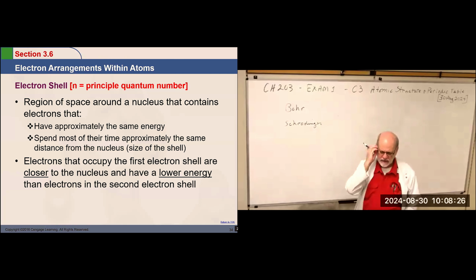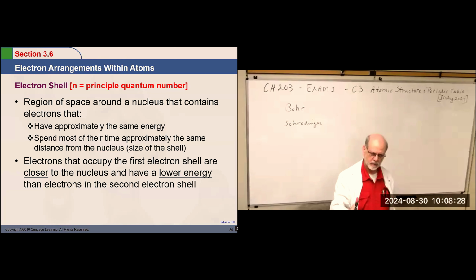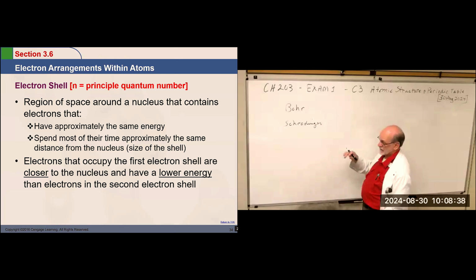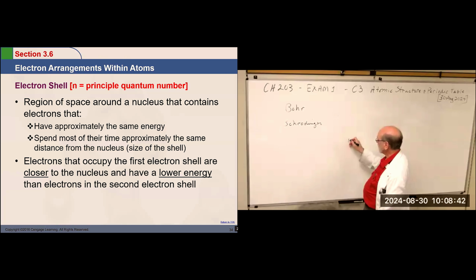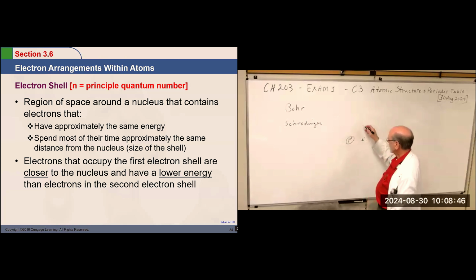Niels Bohr offered a model for the atom that allowed us to calculate energies. In fact, it only works for hydrogen. If you have one proton in the nucleus, you have one electron out here, you have various energy levels.